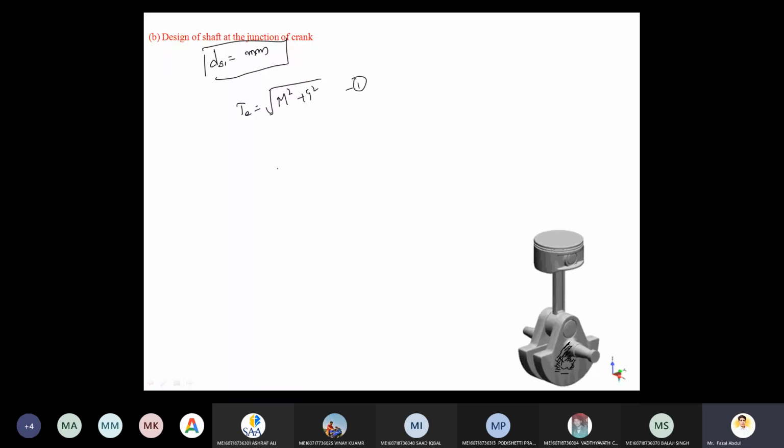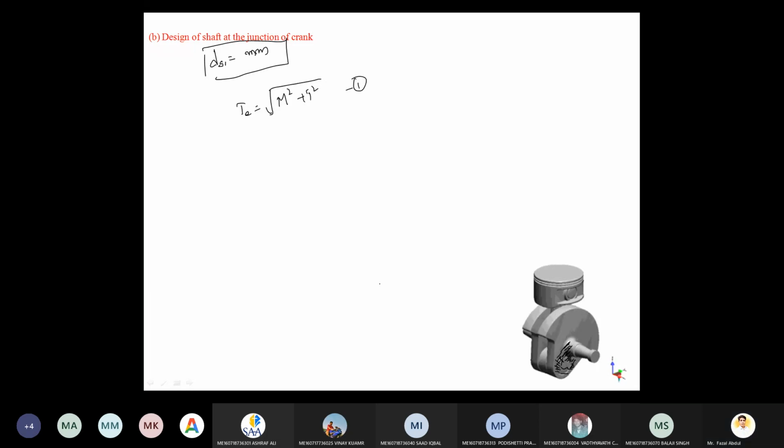And see here, the main concept: the shaft is subject to torsion here, so the main failure is torsion failure. So that is why we take the torsion equation, the torque transmitted by the shaft.